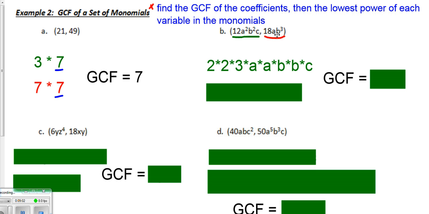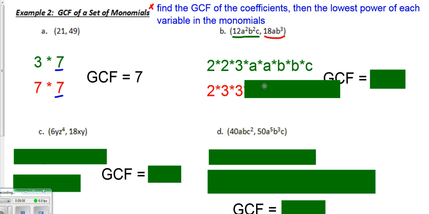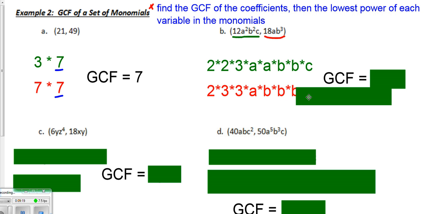Similarly, 18a b cubed. Well, 18 is 2 times 3, which is 6, times 3, which is 18, times a, just one there, times b times b times b, 3 of them. So these would be the two factored forms of our monomials.